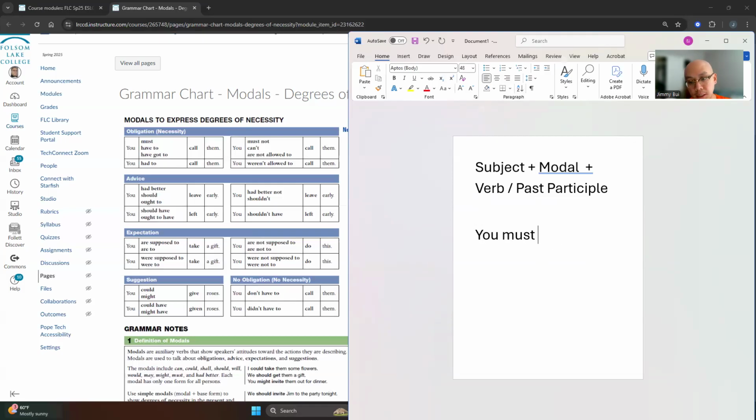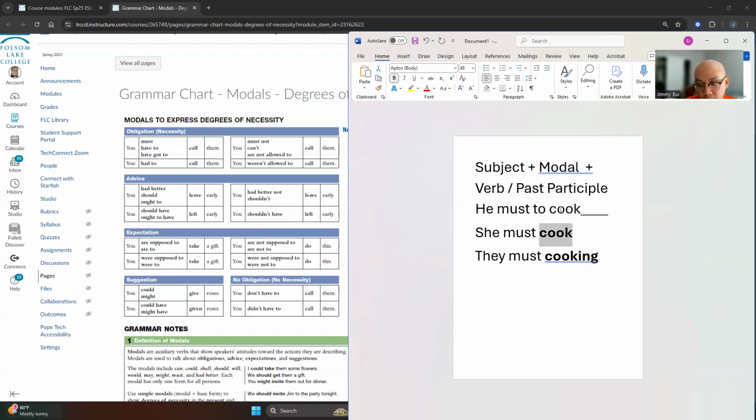So you must, she must, they must, and then we're going to use just a verb here, base form. So to cook, she must cook, they must cook.